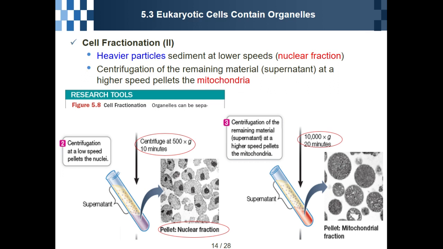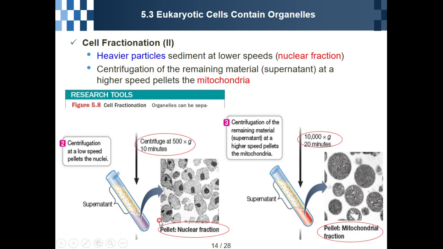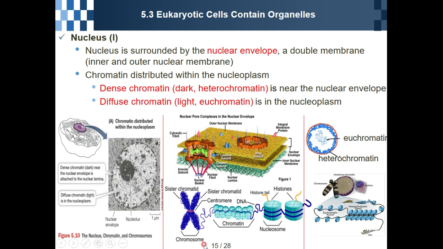To pellet the ER, we have to apply 100,000 xg, something like that. Do you understand it? Okay, so let me start from the nucleus. We can pellet it first.